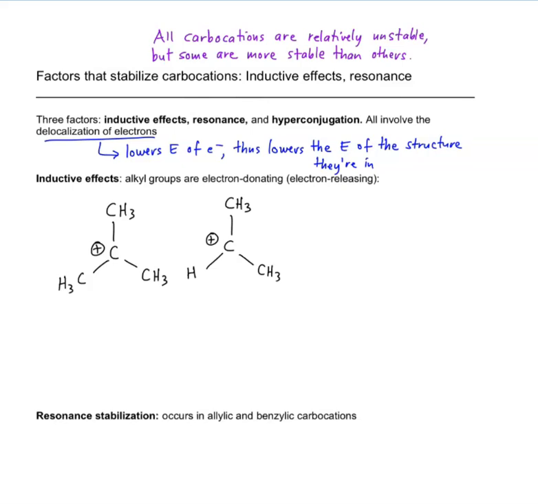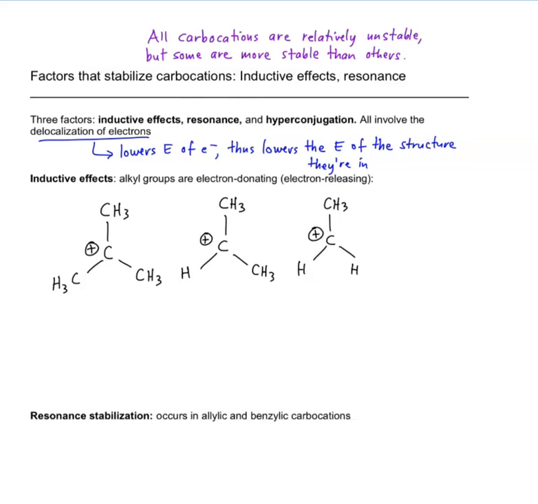In the first case, the carbon with the positive charge will have 3 methyl groups. In the second, it'll have 2 methyl groups and an H. In the third, 2 H's and a methyl group. And then finally, the last one, all H's.